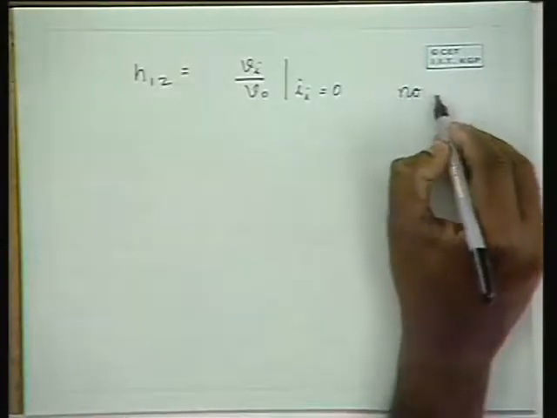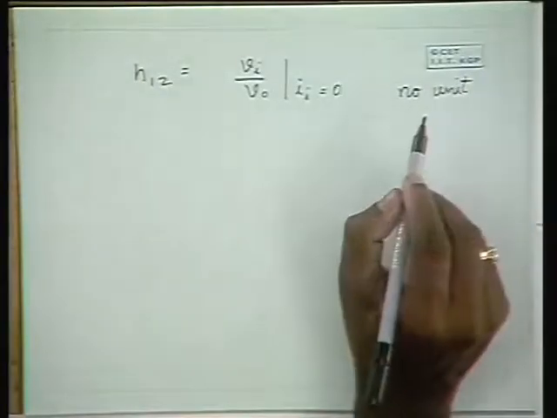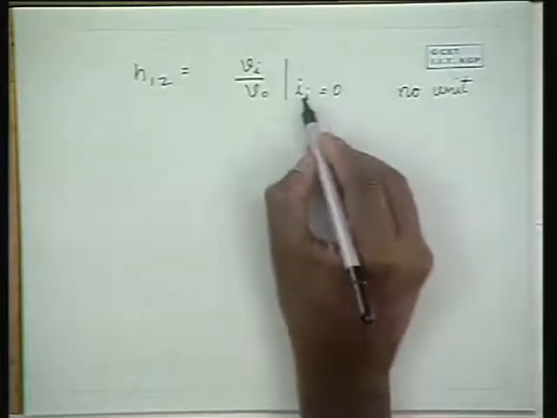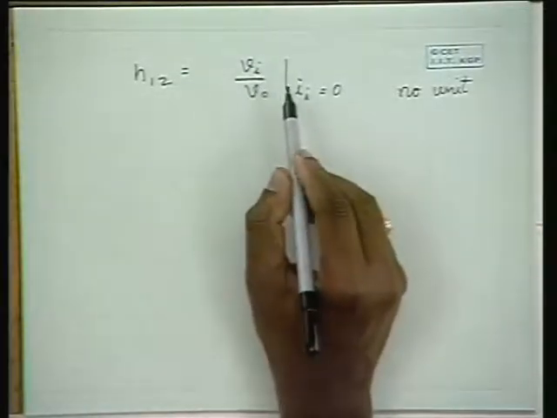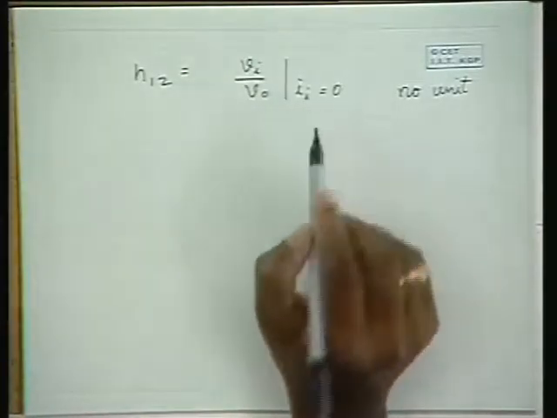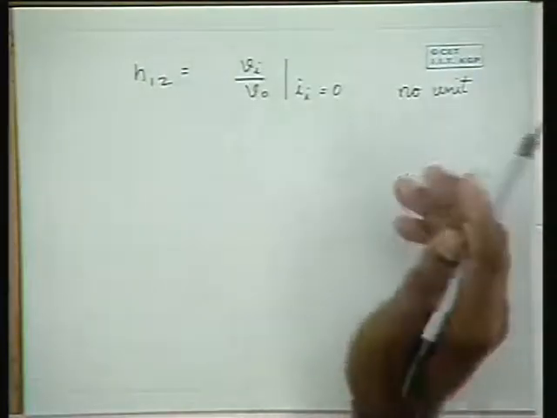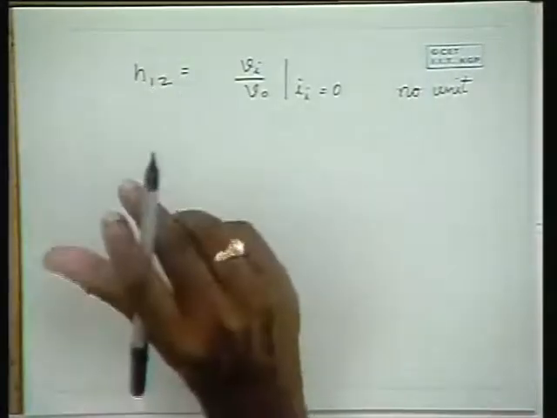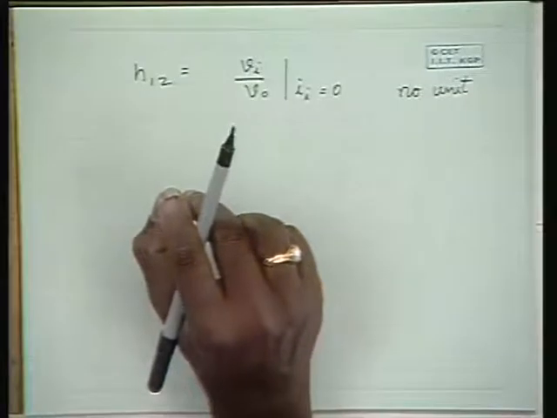So what are the units? There are no units. It is a ratio of voltage and another voltage. It is a proportionality constant, and it is the ratio between the input voltage to output voltage when Ii is equal to 0. What does it mean? When you excite some voltage at the output port, it reflects in some voltage at the input, which we do not like, but then it does appear, and that voltage to the excitation ratio is this.